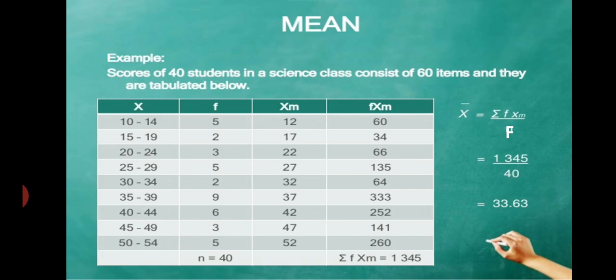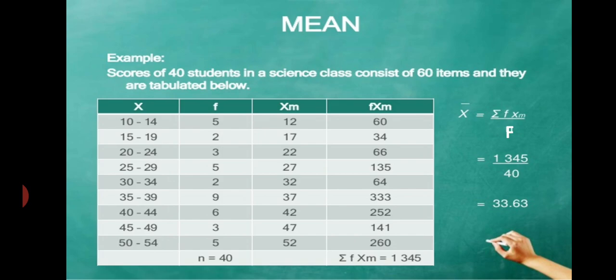In the same manner, the problem can be given in class interval type. That is also the same, but instead of x there is xm calculated. xm is nothing but the class middle value. After calculating the middle value, we multiply xm into f, and the formula is modified.